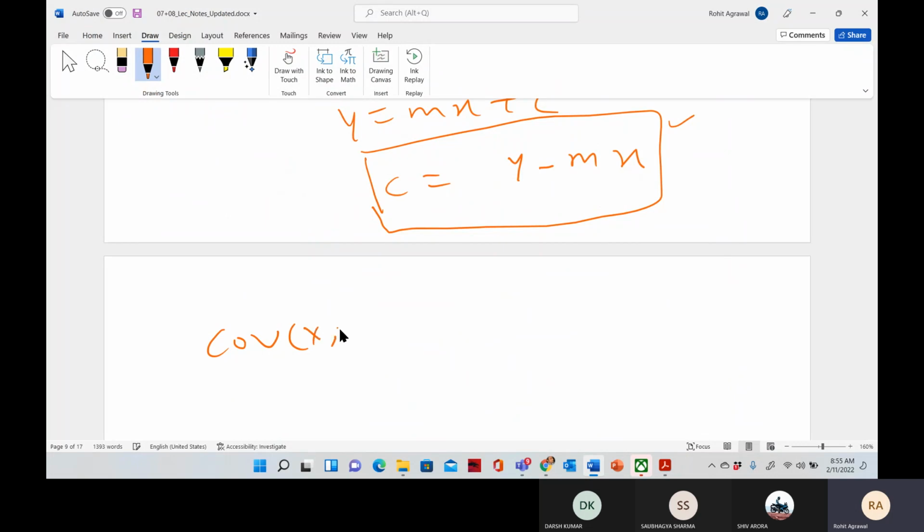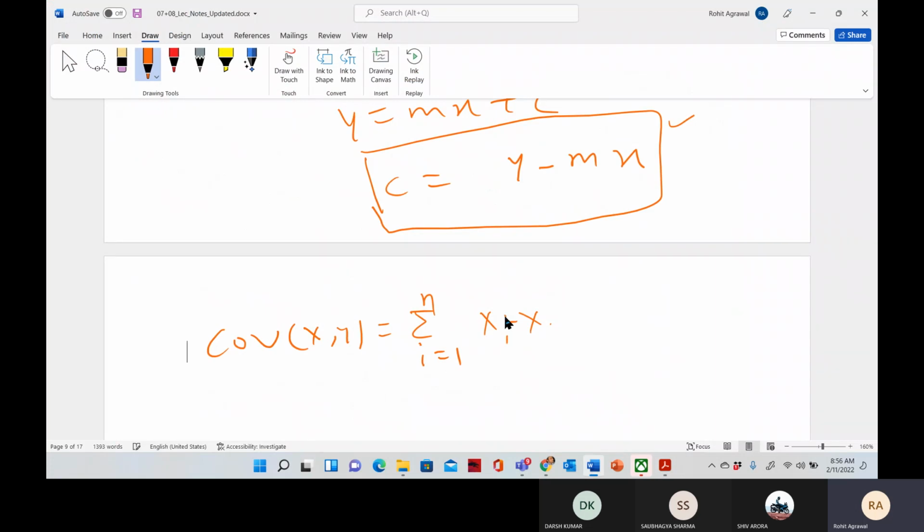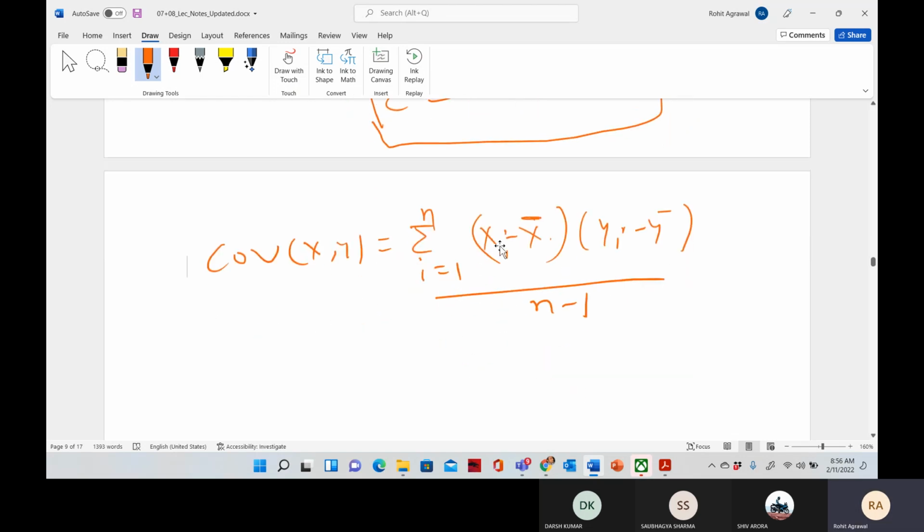Covariance of x comma y equals summation i equals 1 to n of (xi minus x bar) times (yi minus y bar), divided by n minus 1. X bar means the average. Clear this one?